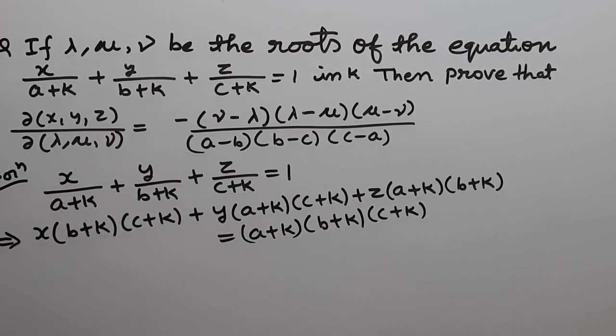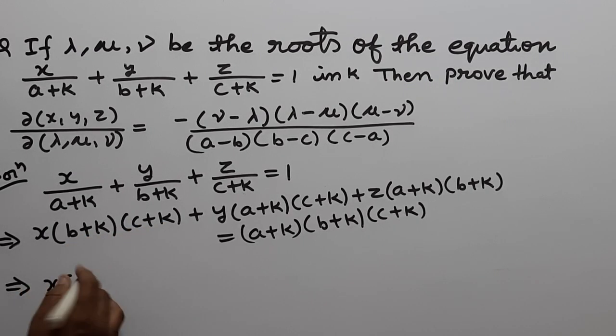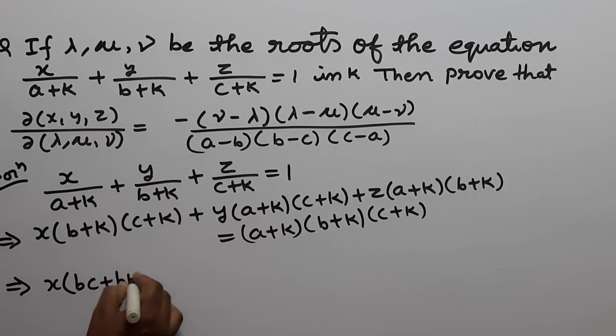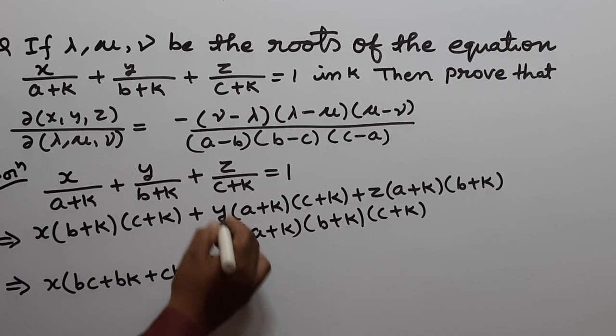So we get this. Now (b plus k)(c plus k) gives bc plus bk plus ck plus k square.